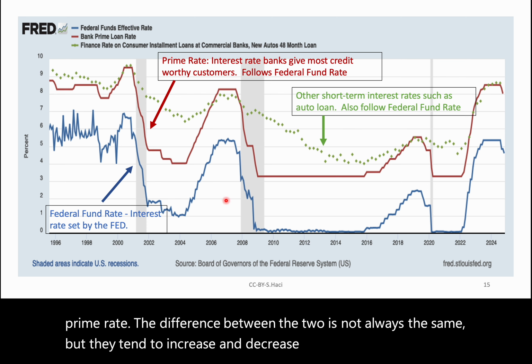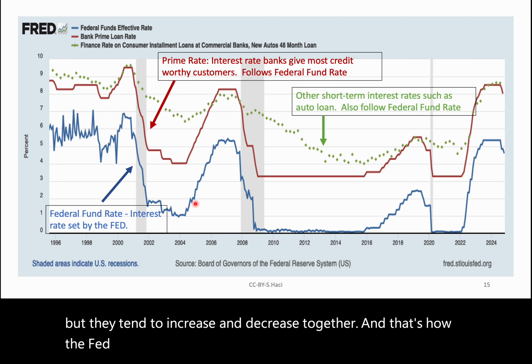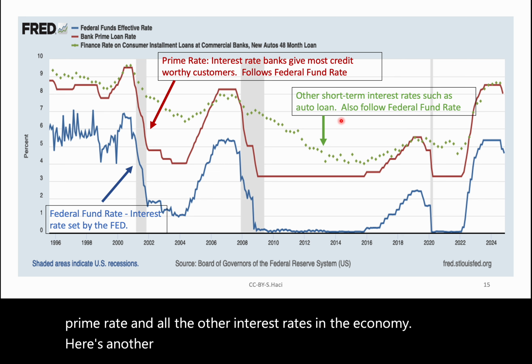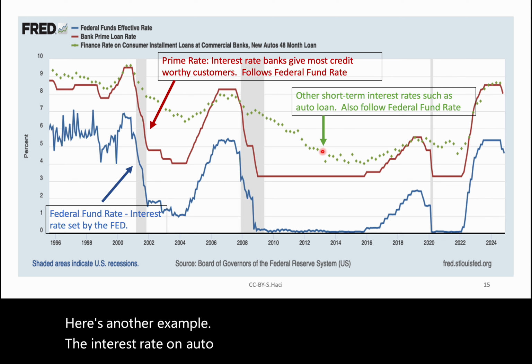And that's how the Fed, by influencing the federal fund rate, also influences the prime rate and all the other interest rates in the economy. Here's another example, the interest rate on auto loans, in green over here.